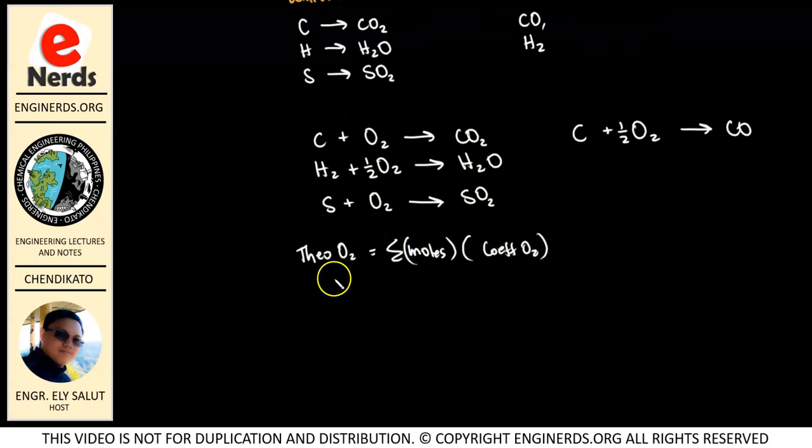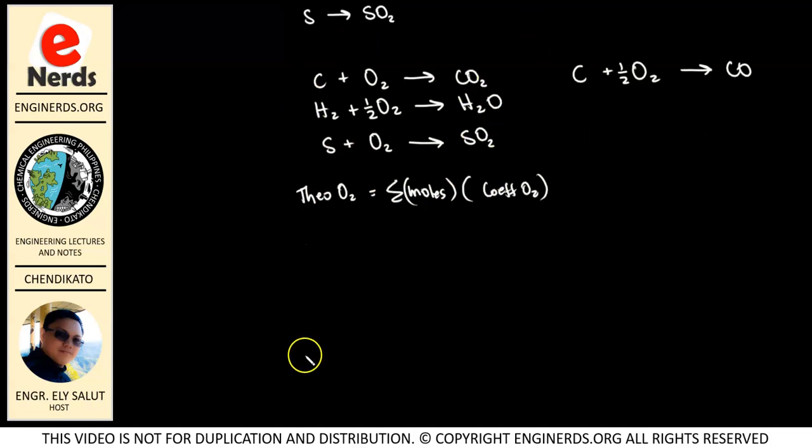So, for example, nakuha na natin yung theoretical O2 natin. So, that is just the number of moles ng O2 to produce itong ating complete combustion. So, ang theoretical air is gaano karaming air ang sinupply natin para ma-supply natin yung theoretical O2.